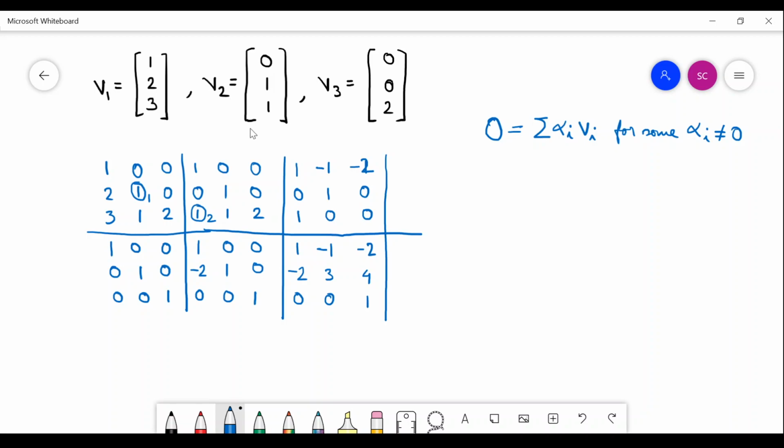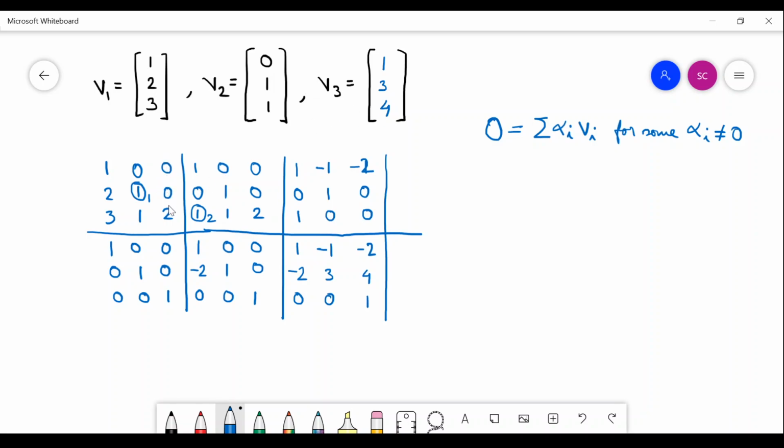So if I change this vector and make this 1 and then 3, 4, you can very easily see that V3 is V1 plus V2 simply.